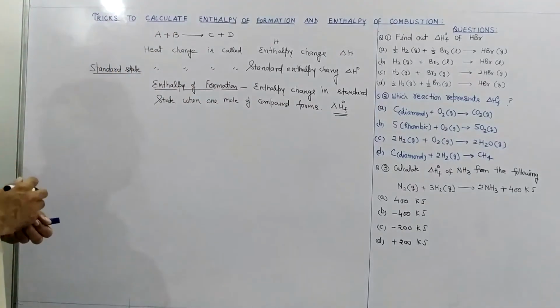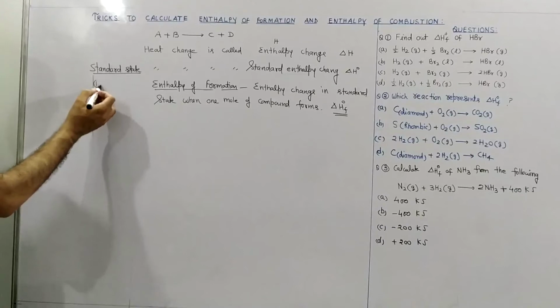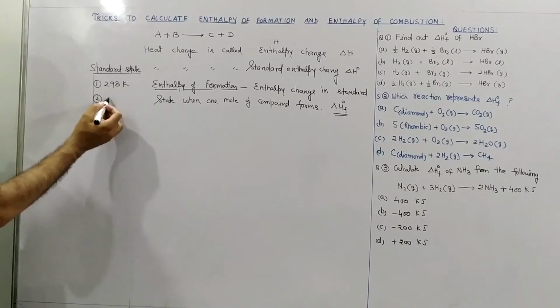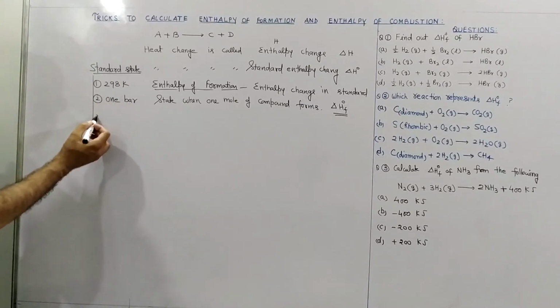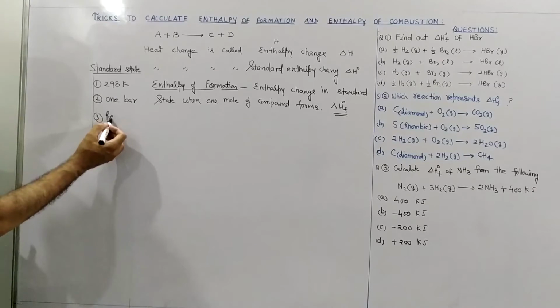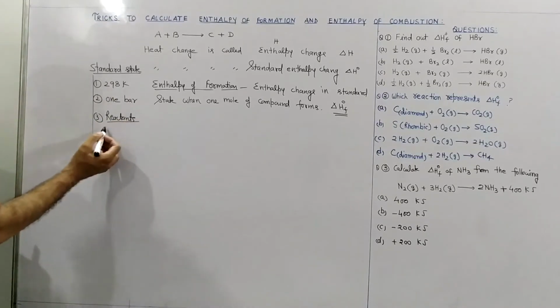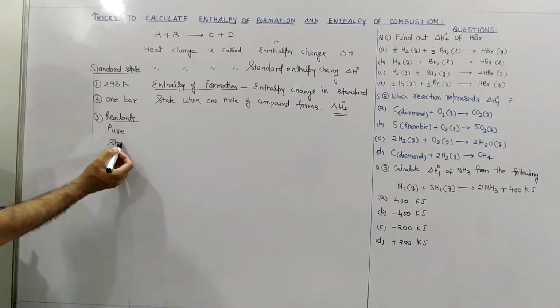So what is standard state, students? A standard state means our temperature has to be 298 Kelvin, pressure has to be 1 atmosphere, or we can say 1 bar, and our reactants must be in pure and standard state.